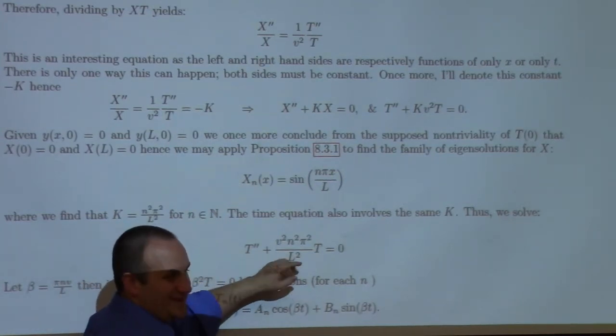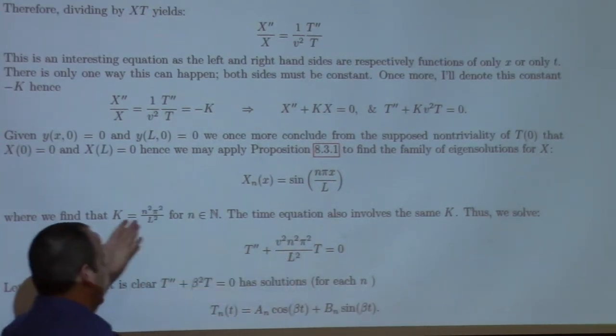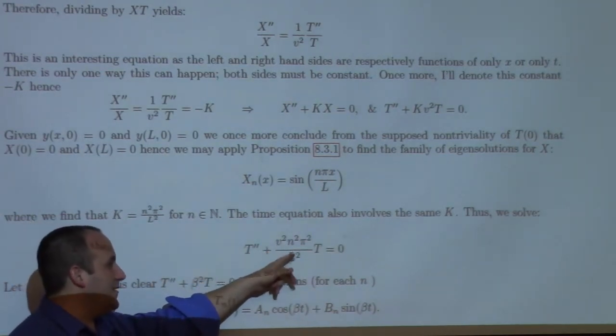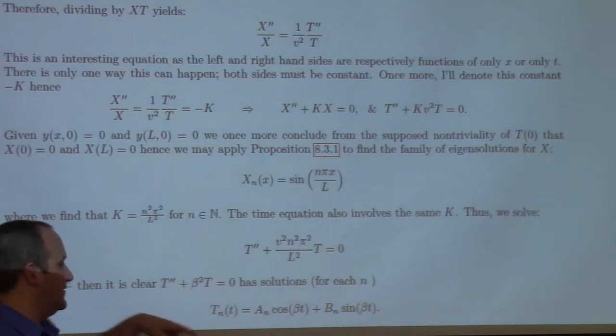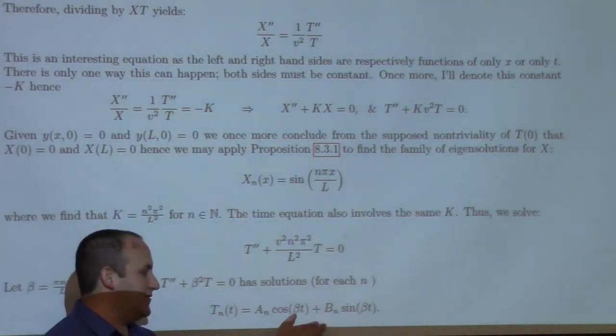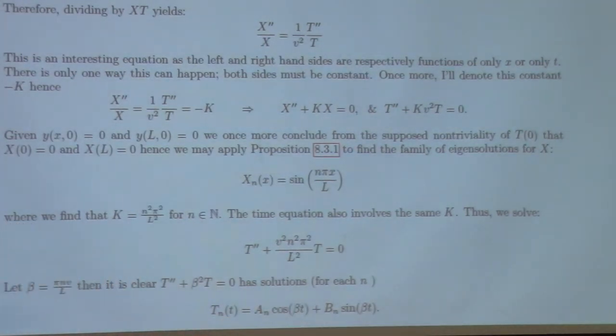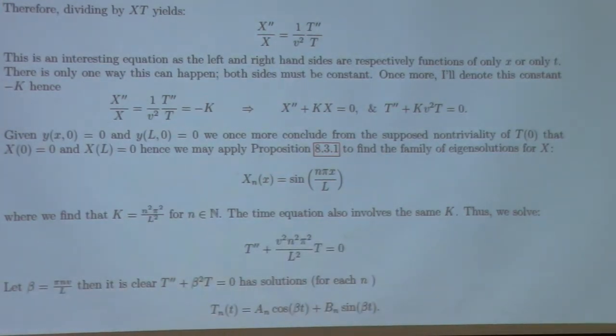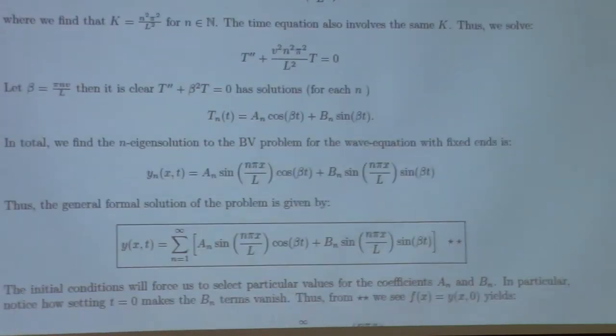The constant coefficient's ugly, but I know what to do. That's t prime prime plus beta squared t, where beta is v n pi over L. So that gives me a sub n cosine beta t plus b sub n sine beta t for my solution. And the product of that and the x is the nth formal solution.